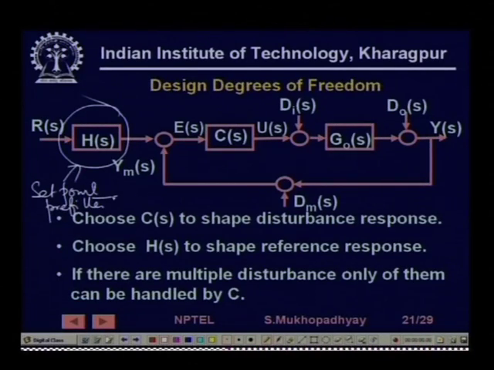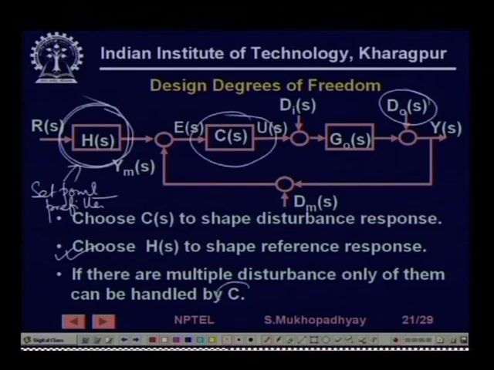What you are doing is you choose Cs to assign a response to D0s, and once you have done that, you choose Hs to shape the reference response. Although there are constraints and you cannot have arbitrary responses realized through this structure, you have now created 2 independent avenues for shaping the reference as well as the disturbance.